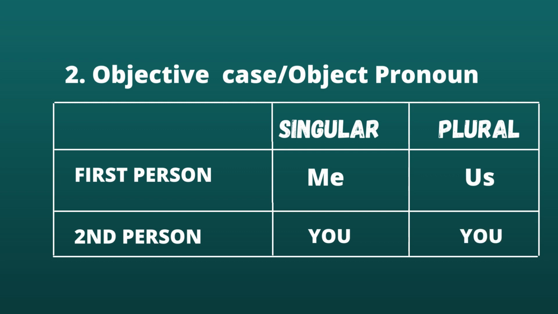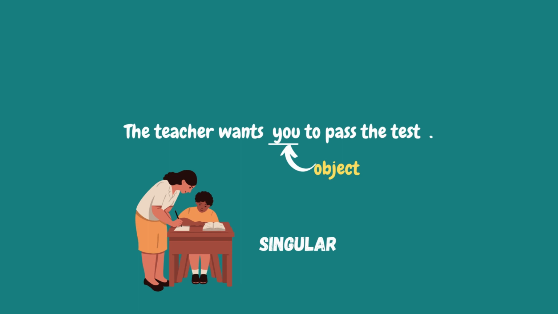Alright, second person singular is you. Second person plural is also you. It means you is used both in singular and plural form. Example, the teacher wants you to pass the test. The teacher is only talking to one student. Therefore, it is singular.